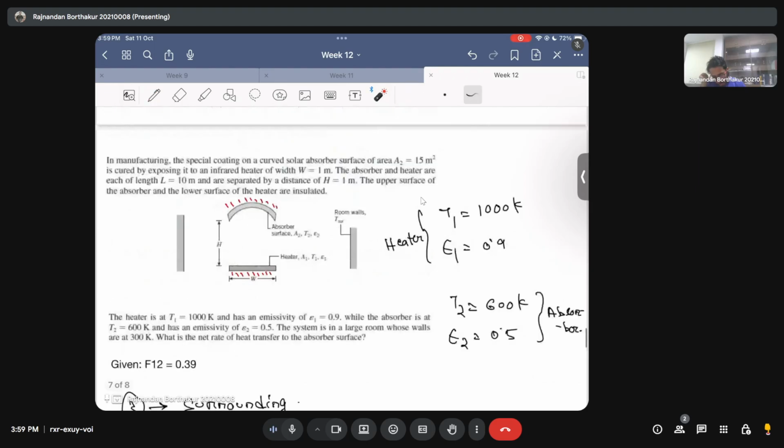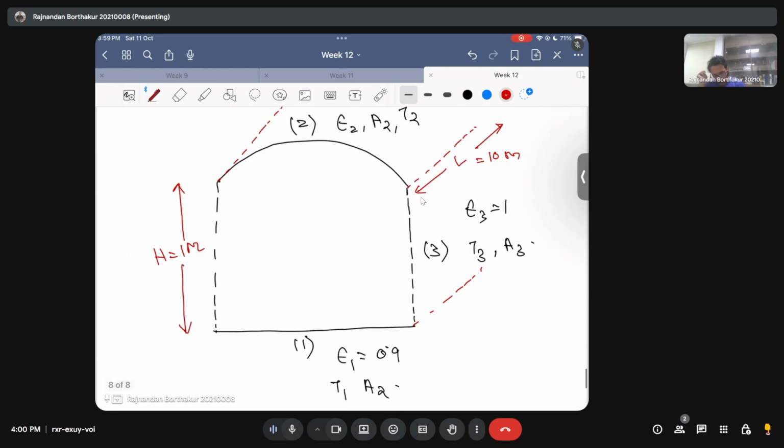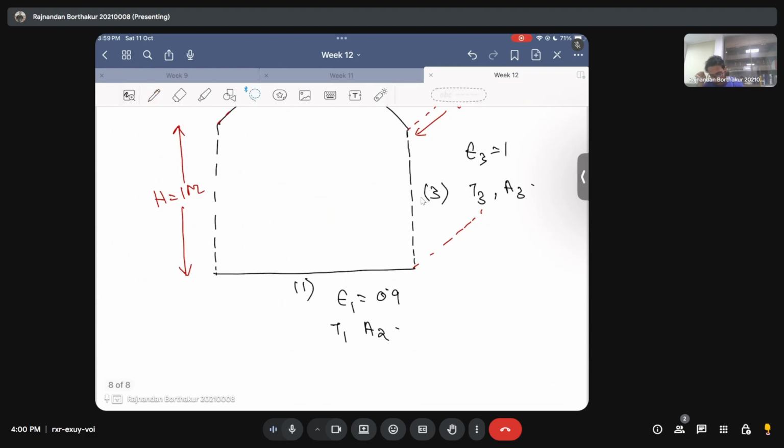So this L is given to be equal to 10 meters. The height H is the distance between the absorber and the heater, and that's given as H equal to 1 meter. And this is precisely the length. And the width of the heater, which is given by W, is also given to be equal to 1 meter.